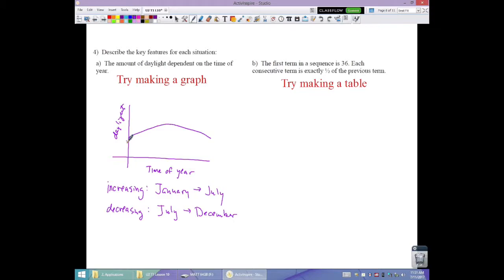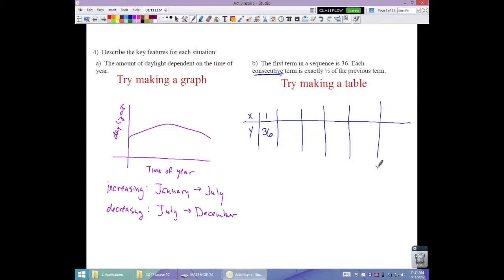In part B here, if we made a little table, x, y, and our first term in a sequence is 36. Each consecutive term, meaning in a row, one following the next, is half of the previous term.